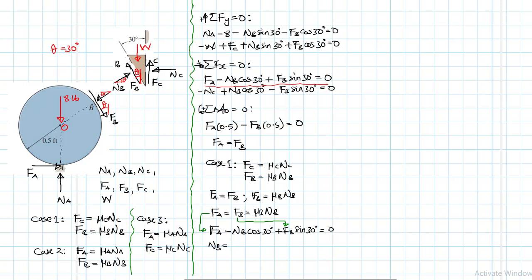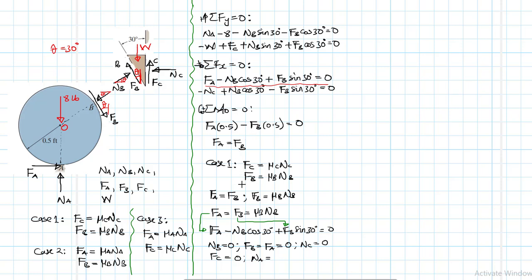NB will be equal to 0, FB will be equal to FA, which will be equal to 0, NC will be equal to 0, FC will be equal to 0, and NA, since FC is equal to 0, NA will be equal to 8.